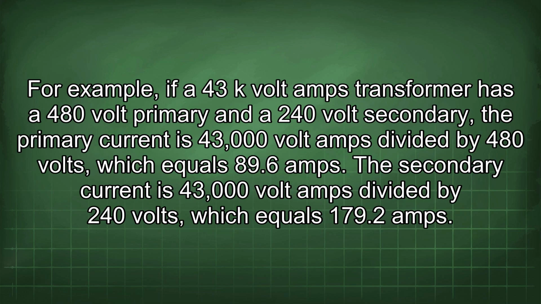For example, if a 43 kVA transformer has a 480 volt primary and a 240 volt secondary, the primary current is 43,000 volt amps divided by 480 volts, which equals 89.6 amps. The secondary current is 43,000 volt amps divided by 240 volts, which equals 179.2 amps.